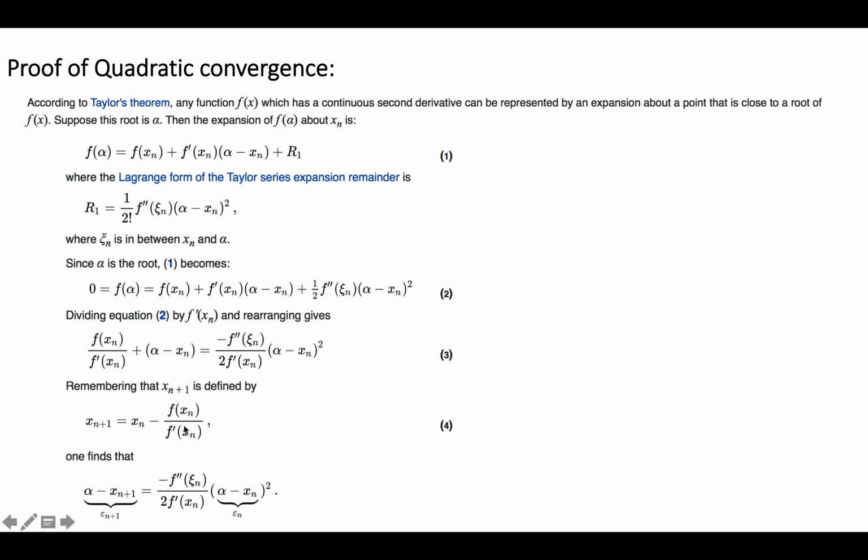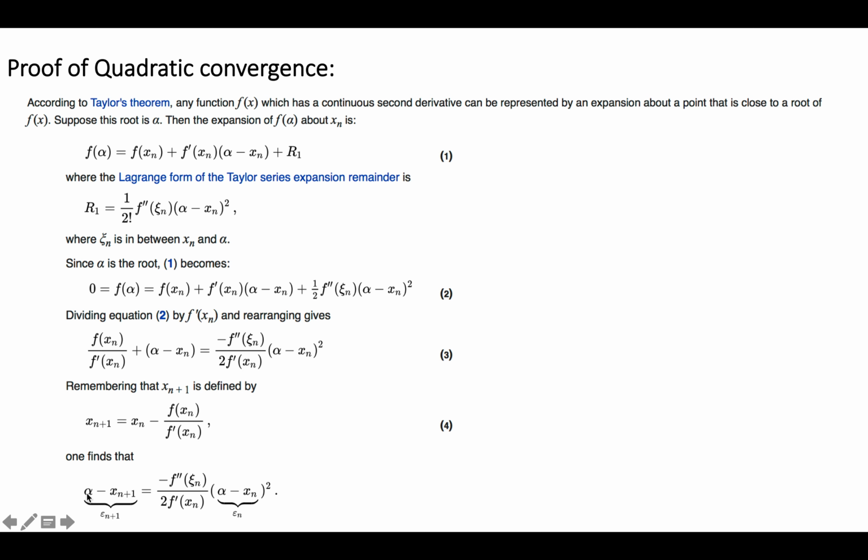Using this equation in equation number 3, that is, substituting the value from equation number 4 into equation number 3, we simply reduce to alpha minus xn plus 1 is equal to minus f double prime(en) divided by 2 f prime(xn), multiplied by (alpha minus xn) whole squared. So this is the equation we derived from equation number 3 while substituting equation number 4, Newton's formula.